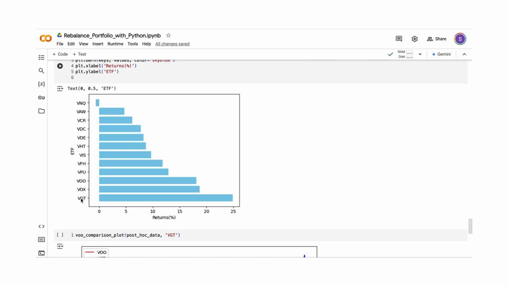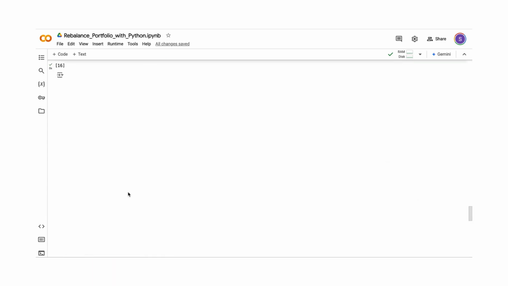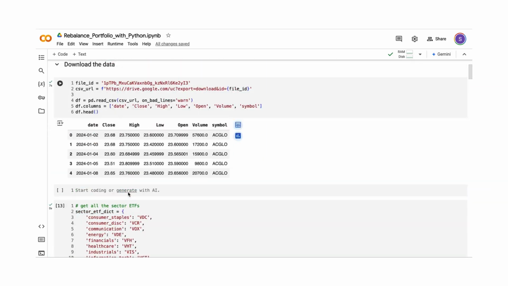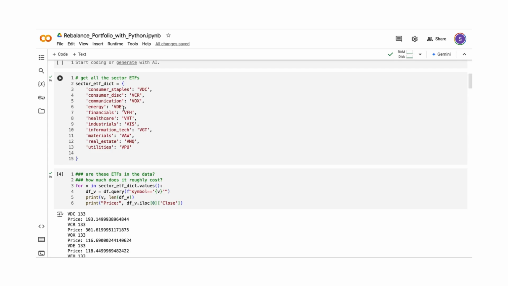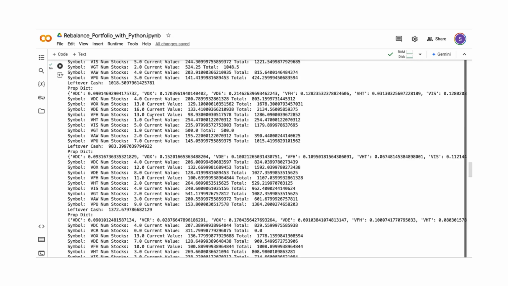So unlike what we had assumed naively, the VOO is not somewhere in the middle of the sector ETFs, but it's closer to the best performing sector ETFs. The best performing two sector ETFs are VGT and VOX, which are both technology ETFs. VGT is the information technology ETF, and VOX is the communications ETF, which contains a lot of tech companies.